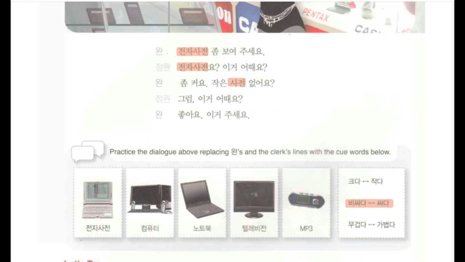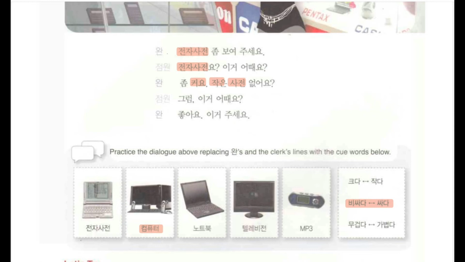Where should we change? 좀 커요. 작은 사전 없어요? Let's use 비싸다, 싸다, expensive and cheap. So you have to say 좀 비싸요. 싼 something 없어요?